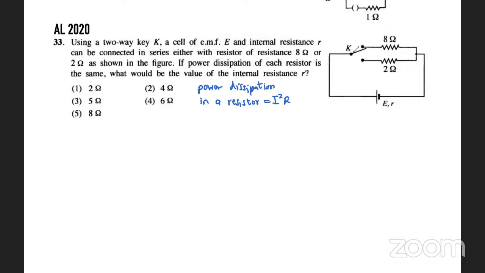So they are going to put the two-way key to the upper point and the bottom point, and both times, if the power dissipation of each resistor is the same, when they say each resistor, I think they mean the 8 ohm or 2 ohm each. So when you put it to 8 ohm, it has a certain power dissipation, and when you put it to 2 ohm also, we have the same power dissipation.